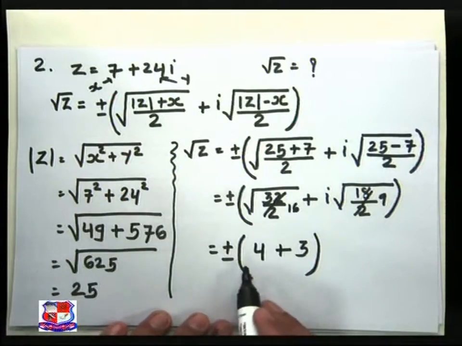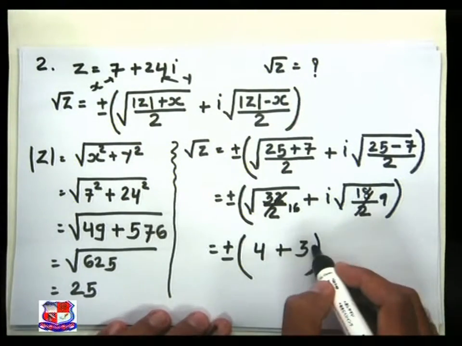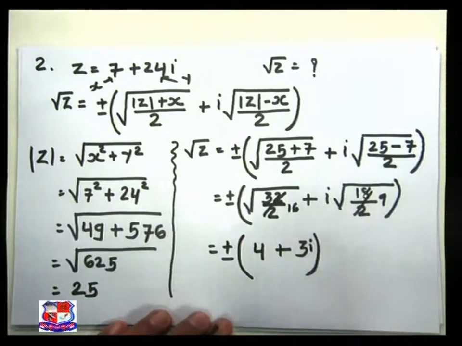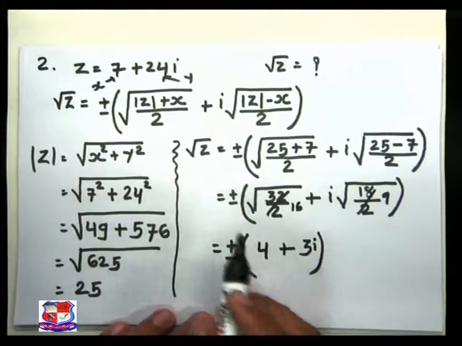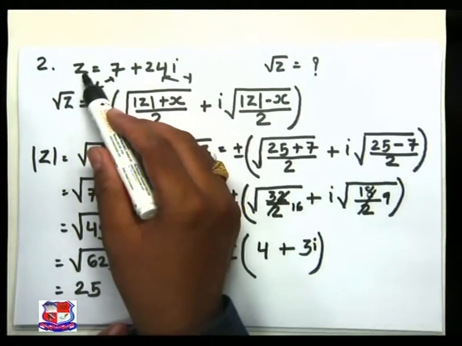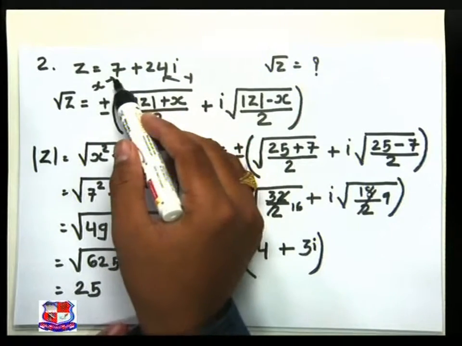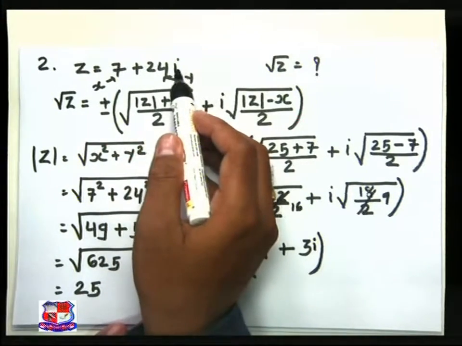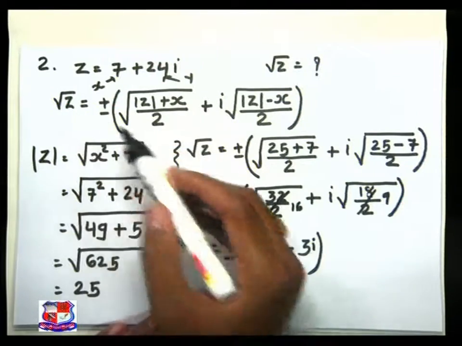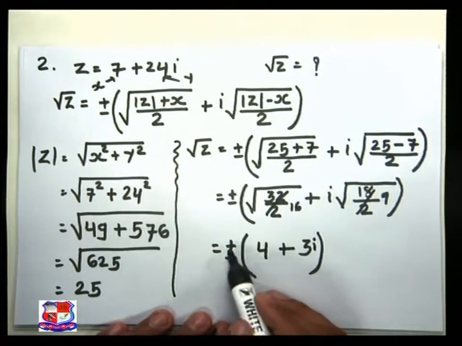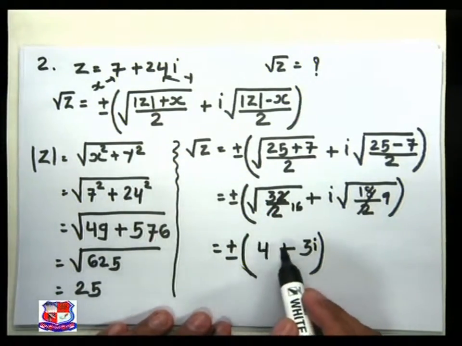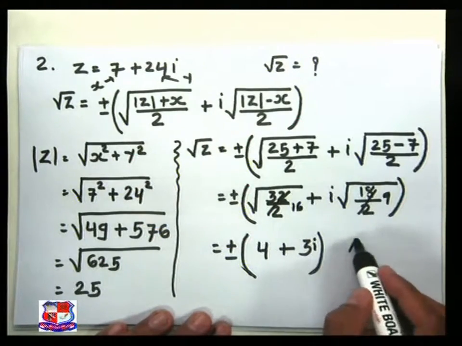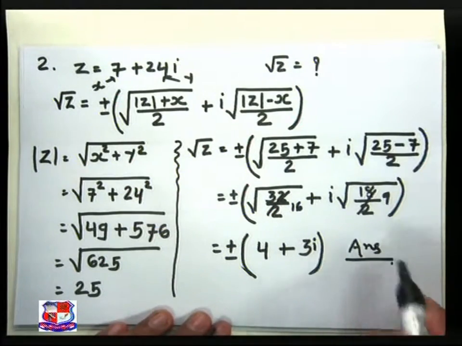So this is our answer. Here just replace i as it is, 3i. So our complex number z is equal to 7 plus 24i, under root, that is square root, our answer, that is plus or minus 4 plus 3i. So this is our answer.